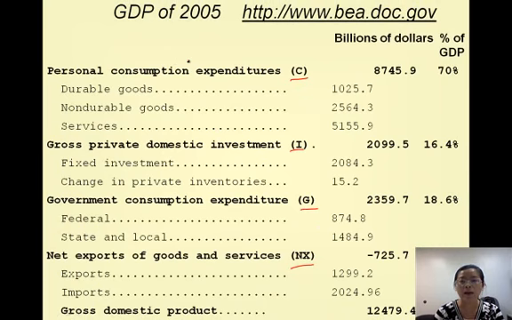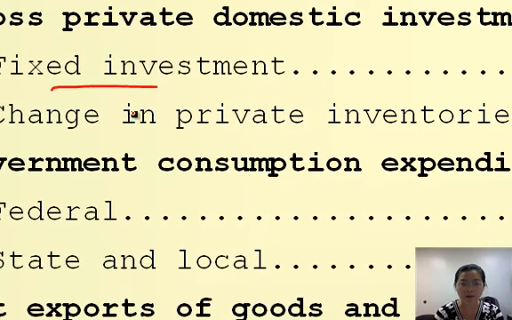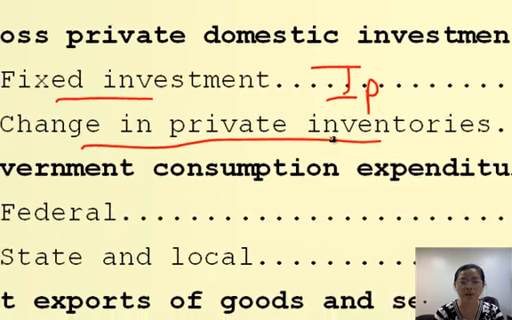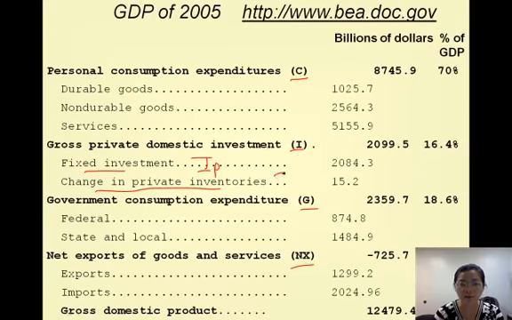When we talk about investment under GDP, it has 2 subcomponents: fixed investment and the change in private inventories. Fixed investment is also what we call planned investment, and change in private inventory sometimes is unplanned investment.